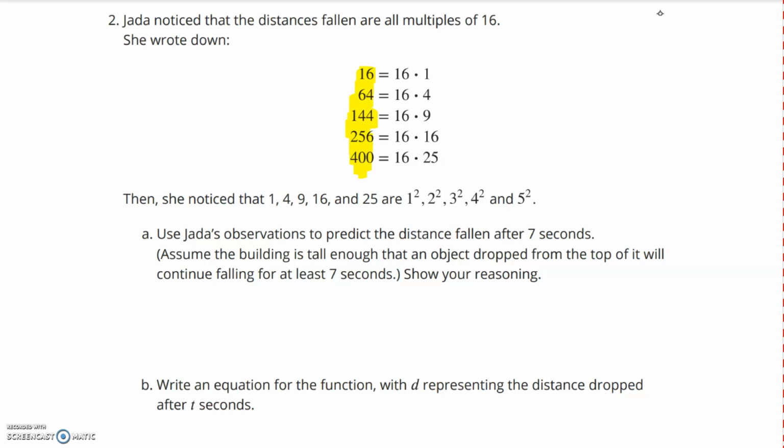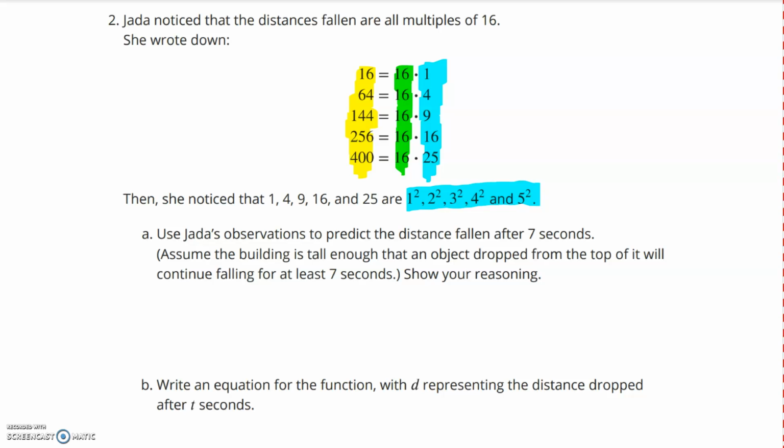And she notices that if she divides all of those by 16, she ends up with a quotient of these numbers, 1, 4, 9, 16, 25. She recognizes that 1, 4, 9, 16, and 25 is simply 1, 2, 3, 4, 5 squared.